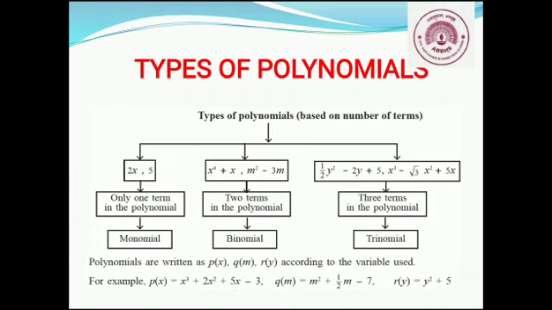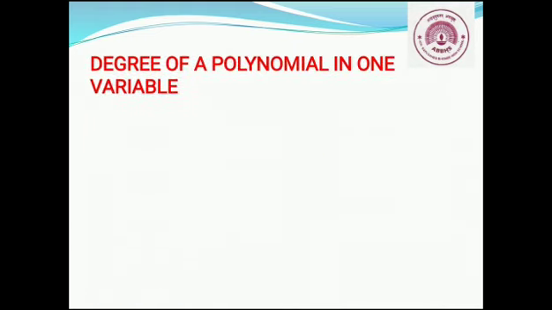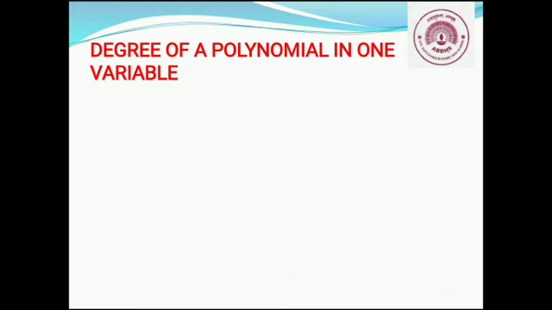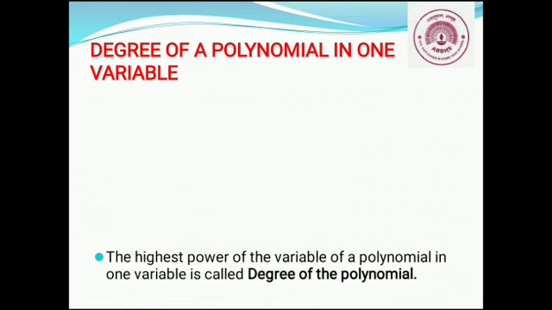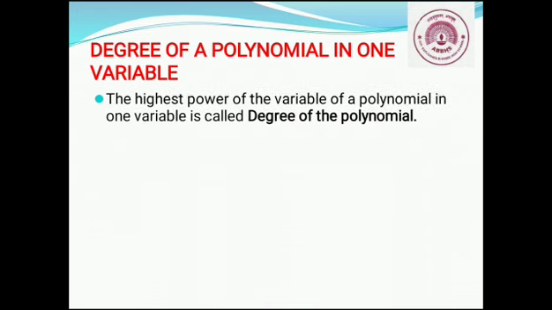Degree of a polynomial in one variable. The highest power of the variable of a polynomial in one variable is called degree of polynomial. Example, 2x raised to power 7 minus 5x plus 9.